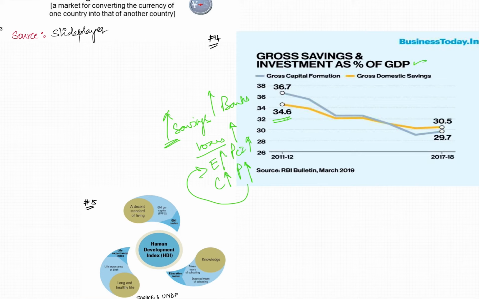The contribution of savings to GDP was 34.6. So at that point of time, even the capital that was formed, that is, capital formation, meaning money that is required as investments, was almost equal. Here, if you see the savings, there is a difference of 0.8%.